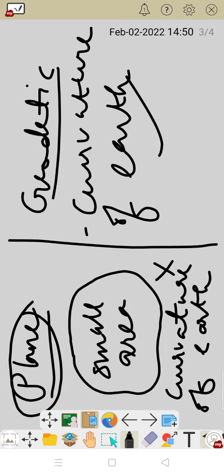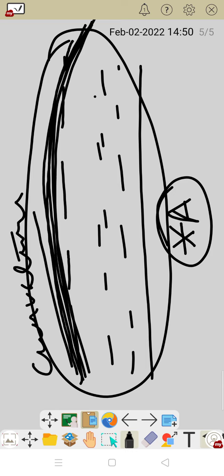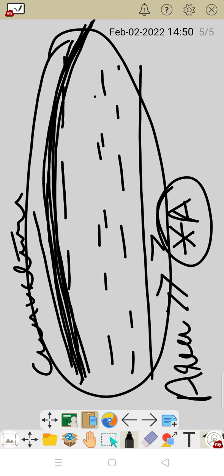Just take this example itself: you are standing in the coastal area. In this case, the area is very large. So in that case, you have to consider the curvature of the earth. That is the main point.